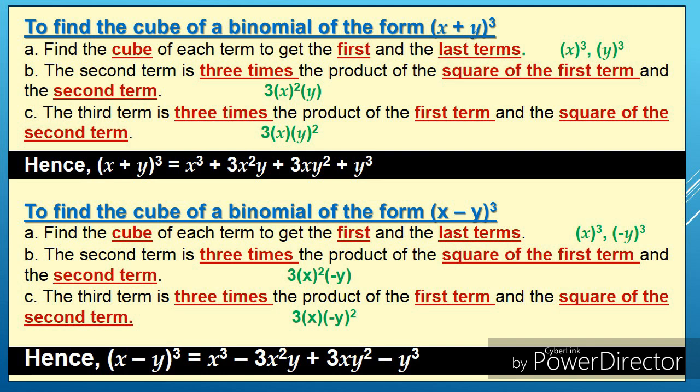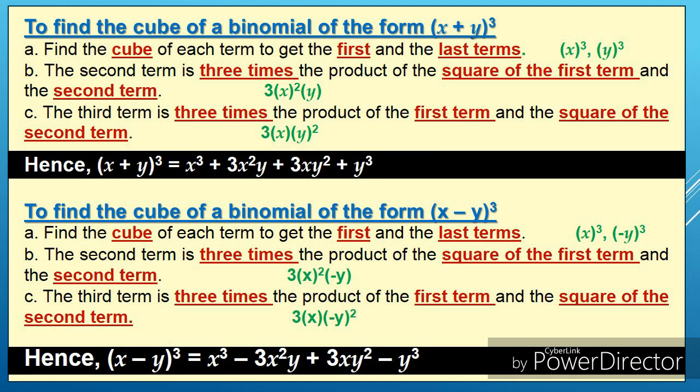Okay, to find the cube of a binomial of the form, the quantity of x plus y cubed, letter A, you have to find the cube of each term to get the first and the last term. Okay, or we have x cubed, y cubed. And then letter B, the second term is 3 times the product of the square of the first term and the second term. Or in symbol, we have 3 times x squared times y.